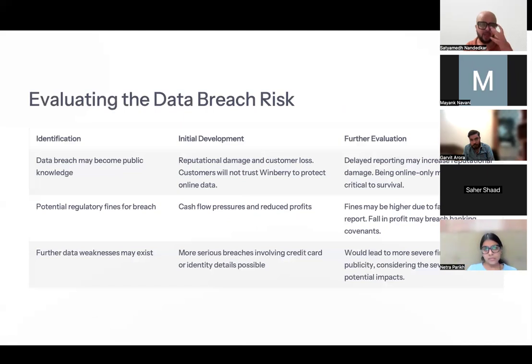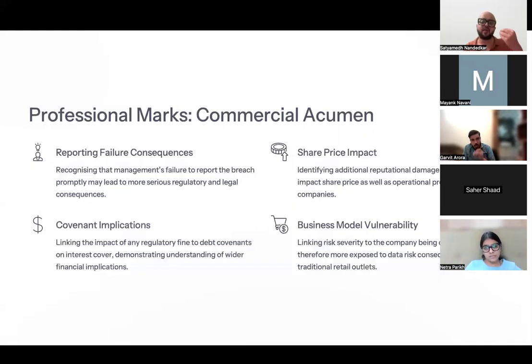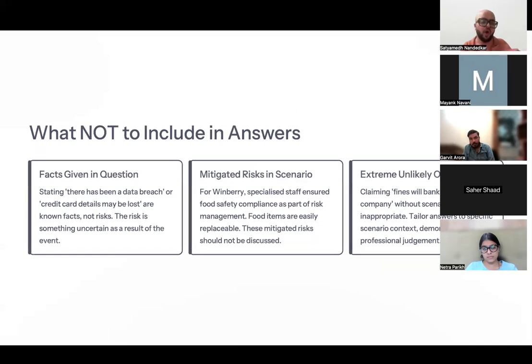Now, if it is a risk relating to, say for example, IT control, or negative publicity about the company leading to a drop in share price, or newer products emerging into the market which can make your product obsolete, all of that has to feature in your answer. What you shouldn't do is repeat facts given in the question, it is not fetching you any marks.